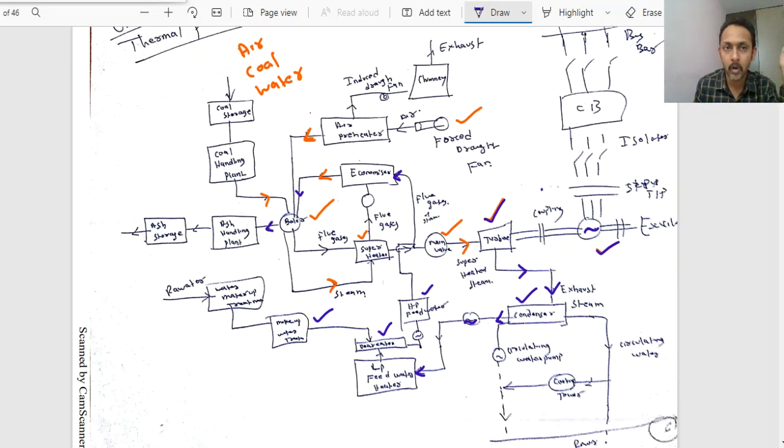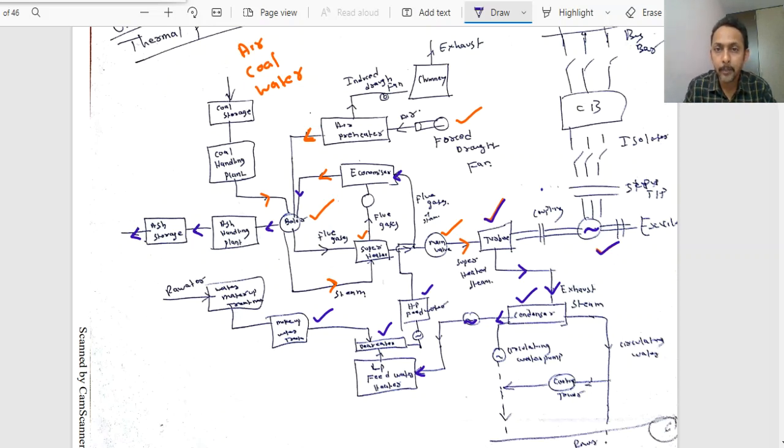The coal, because of the burning, is converted into ash, and that ash is to be removed with the help of the ash handling plant, and it will be sent to the ash storage location. Now that ash can be used for making bricks or some other purpose, right? So here the coal, after getting completely burnt, is converted into ash, which is to be collected and stored at a separate location.